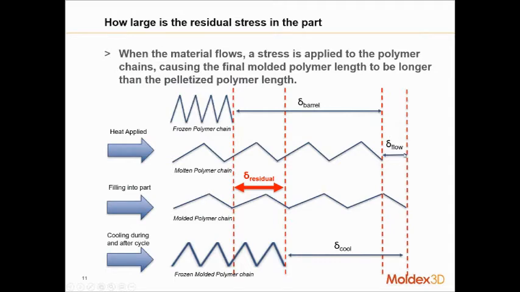So the amount of flow-induced residual stress is just the difference between our molten polymer chain without any sort of external stresses and our frozen polymer chain, or I'll say the molded polymer chain, which has been stressed by some of the other molecules in our system.